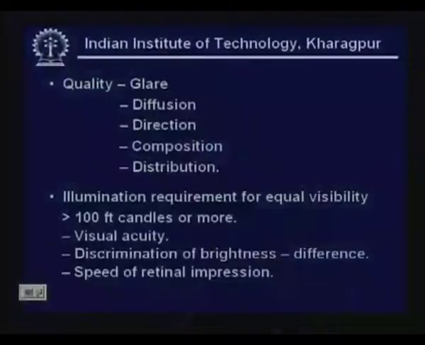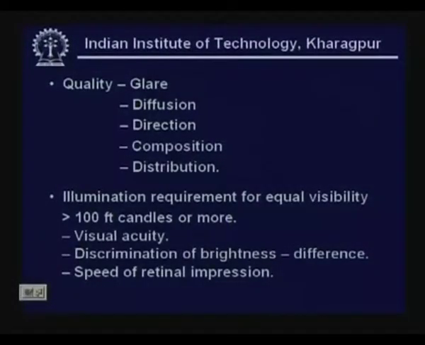So, the composition of the lights and how it is distributed, these are the things which talk about the quality of illumination. Quantity per se would be the light flux that is coming out of the lamp, and efficacy is what we talk in terms of lumens per watt of energy that is consumed.